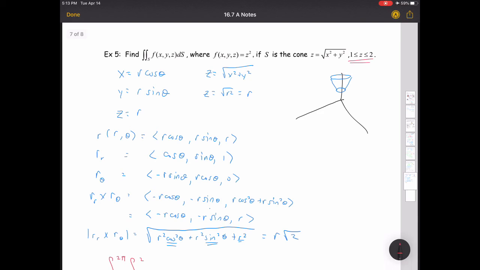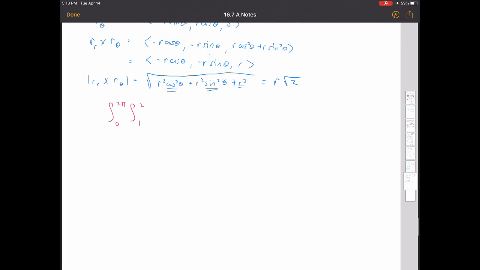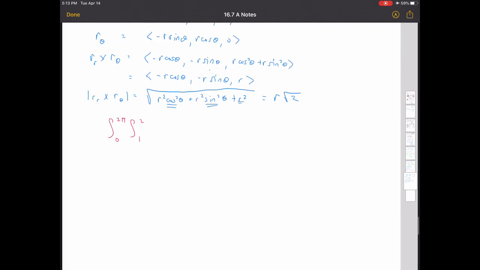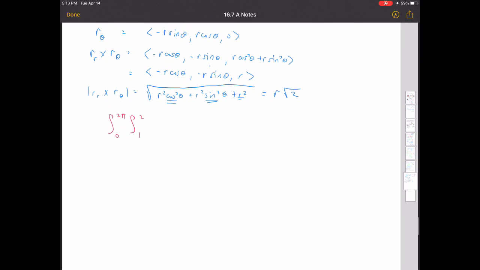So since r and z are the same, r goes from 1 to 2. Our function was z squared. Well, we need to put it in terms of r, so that'll become r squared times the cross product, which is r root 2 dA, which is going to be dr d theta.